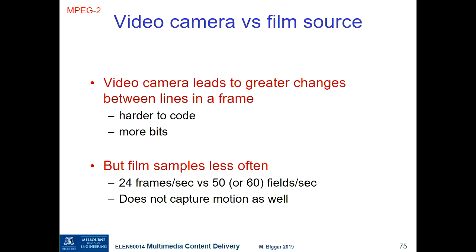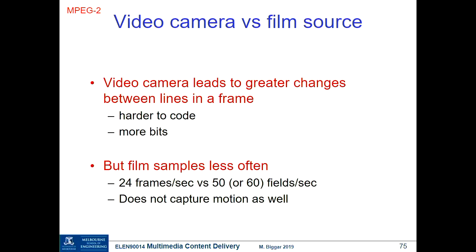So you might think, well, why don't we just do everything using progressive scanning at the lower frame rate, like film? Why don't we capture everything on film, or why don't we just use progressive coding on film? And the reason is that it doesn't capture motion as well.